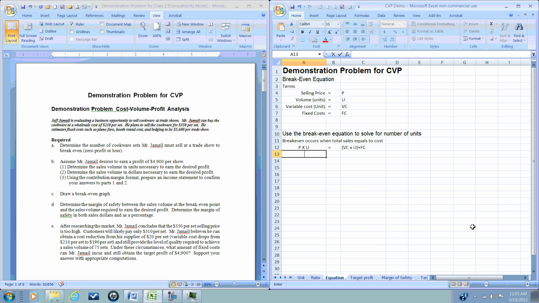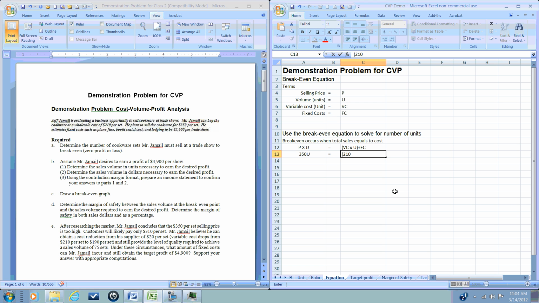We know that we have a selling price of $350, but we don't know the number of units, so algebraically we can express that as 350 times the unknown U. The break-even point is going to occur when that 350U equals our total cost, which will be our variable cost, in this case 210 times the unknown units.